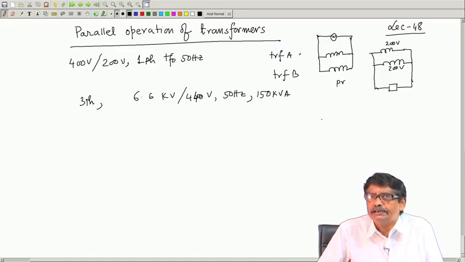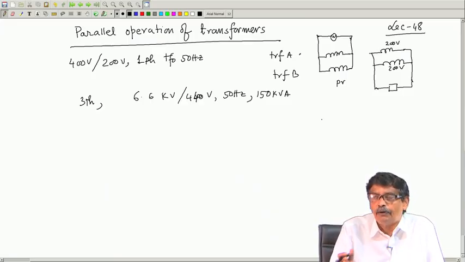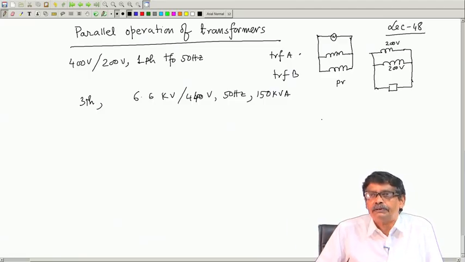another important thing. See, suppose the load demand is 300 kVA, and you are using a single transformer which is catering that 300 kVA load. If some fault occurs in that transformer, the transformer is to be taken out for repair works, and then there will be no power to the consumers.